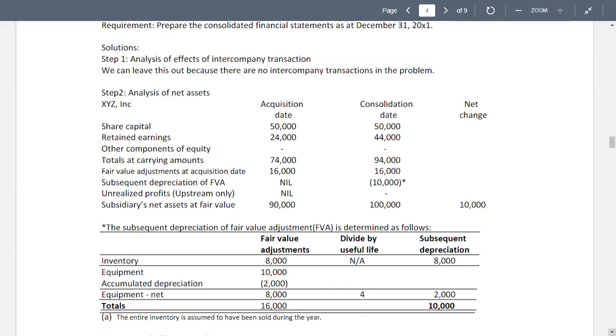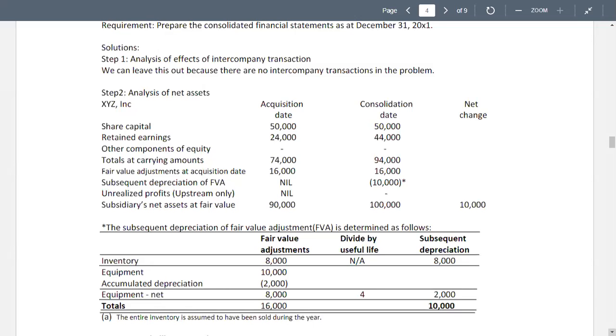Whereas the equipment with an increase of 10,000, though the accumulated depreciation increased by 2,000, so the net increase is 8,000. And you have to divide that by the useful life of 4 years. So that's why every year you have an amortization or a depreciation. That will be 2,000.